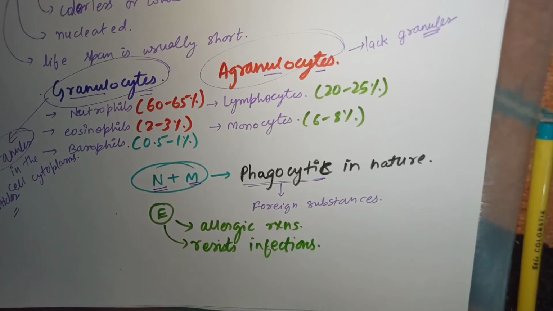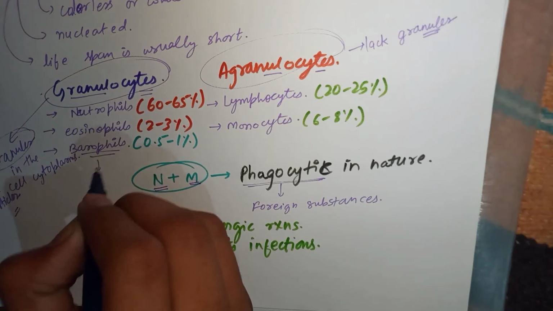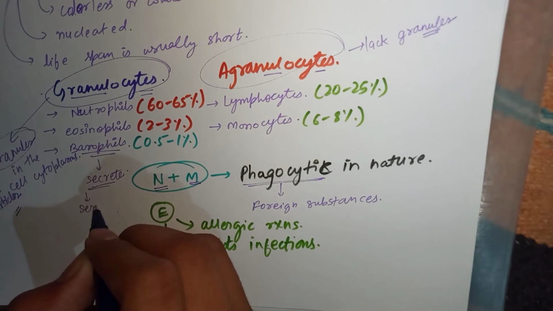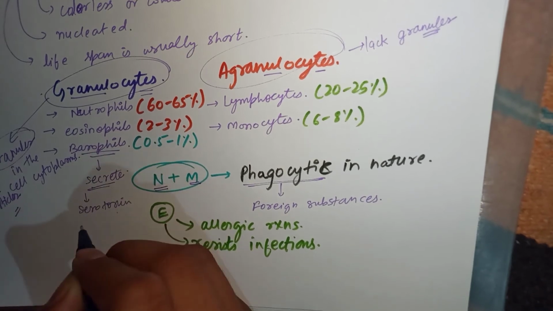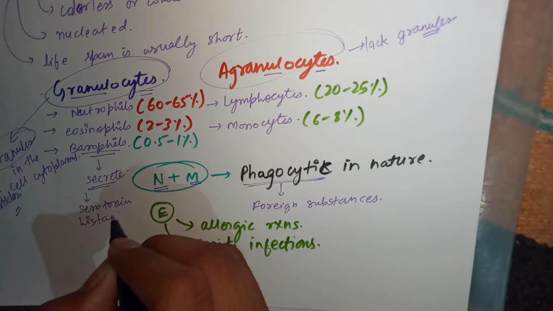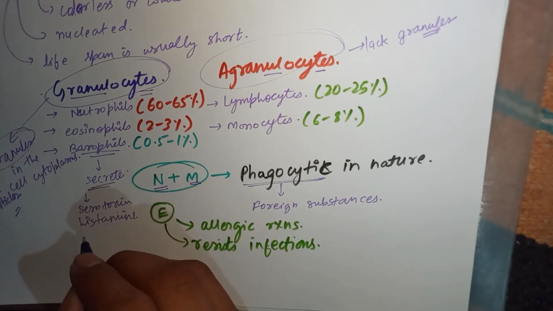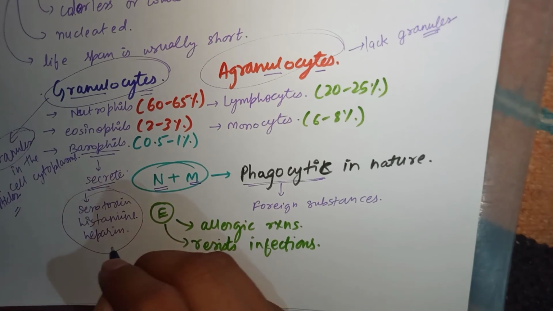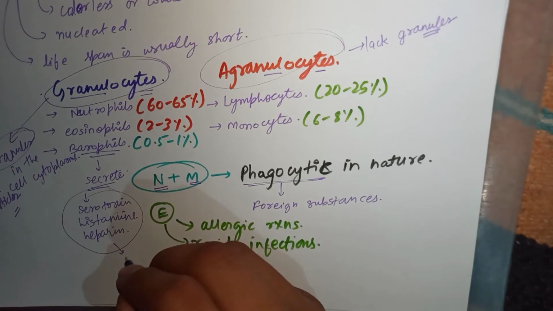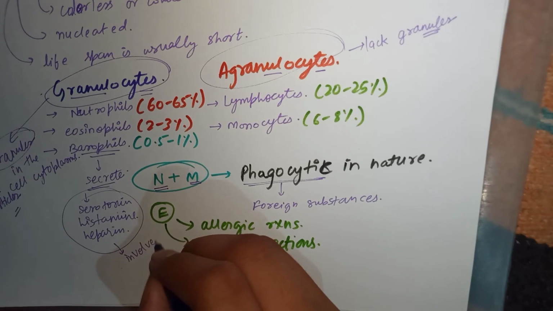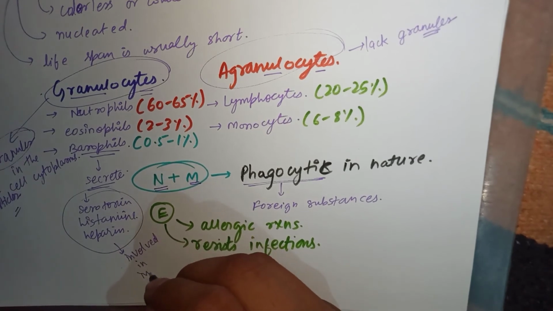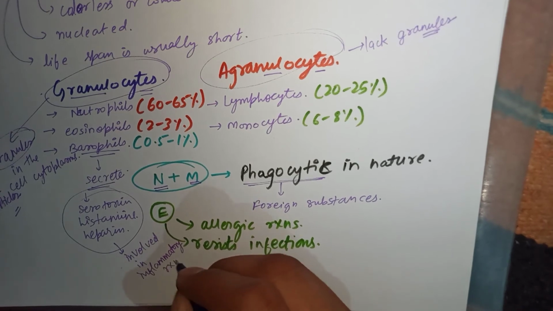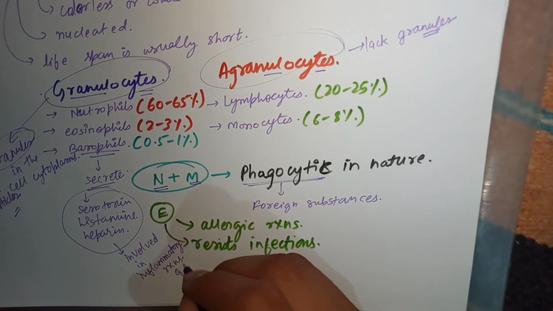What about basophils? Basophils secrete serotonin, histamine, and heparin, which all are involved in the inflammatory reactions of the body.